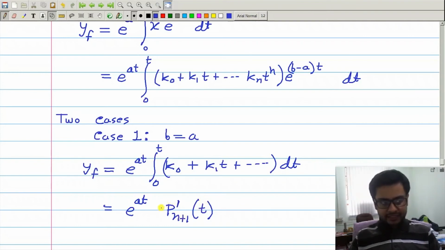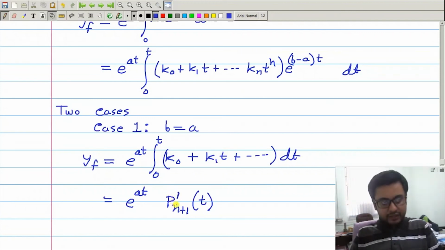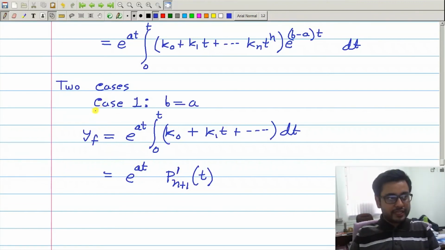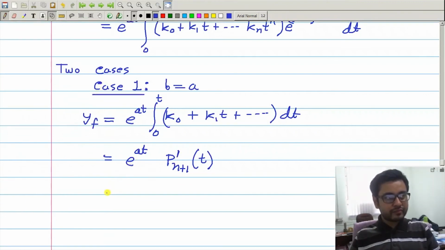I am just writing that the final result will be a polynomial of n plus 1 degree multiplied by e to the power at, because later I will not need the exact form of this polynomial or the detailed coefficient values. So let me keep it as a polynomial multiplied by e to the power at. So that is case 1.